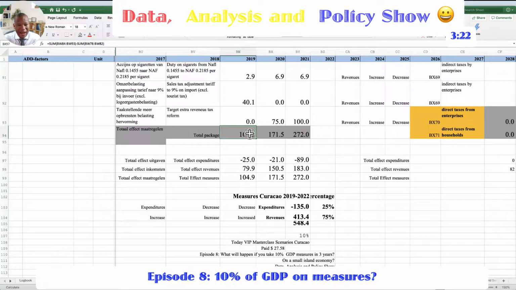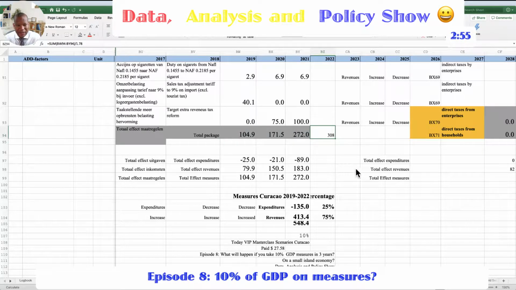So this is 548 million guilders. If you want that in dollars, just divide that by 1.78. I want to do that for you. I'm going to sum this for my Eastern Caribbean friends, divided by 1.78.